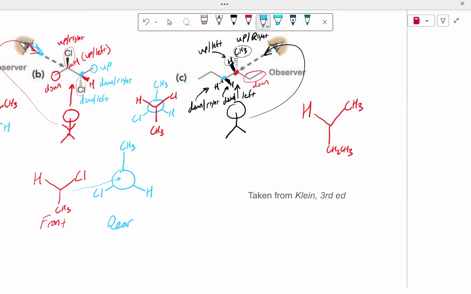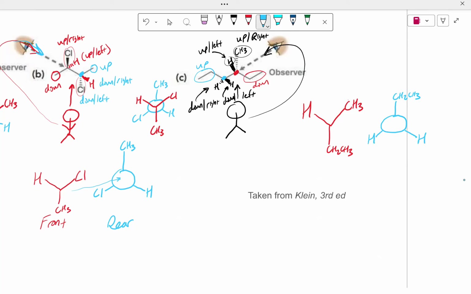Now the rear carbon in the back, this group would be straight up. So we use a circle, and the up group is the ethyl, CH2, CH3. The down and right would be the hydrogen, and the down and left would be the hydrogen there.